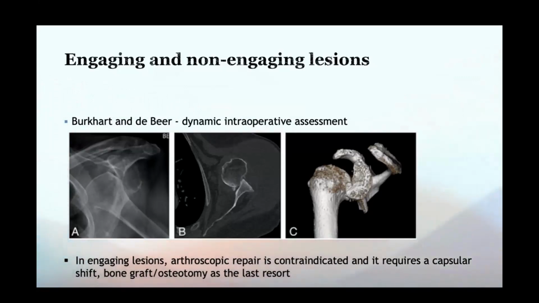Engaging lesions are those which have a defect outside this 83% area. So when you apply an abduction and external rotation force, the anterior glenoid will pivot on this defect and it will cause instability or dislocate. Whereas lesions of less than 83% will be non-engaging, where the surface area is enough to overcome this defect and it will not pivot out.